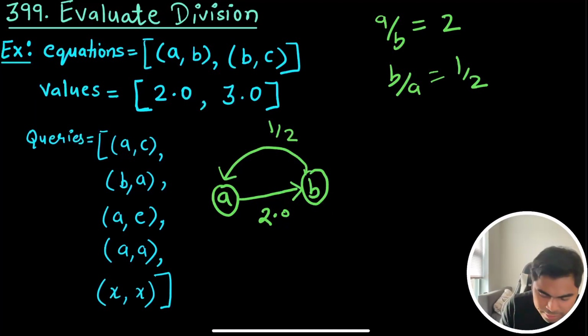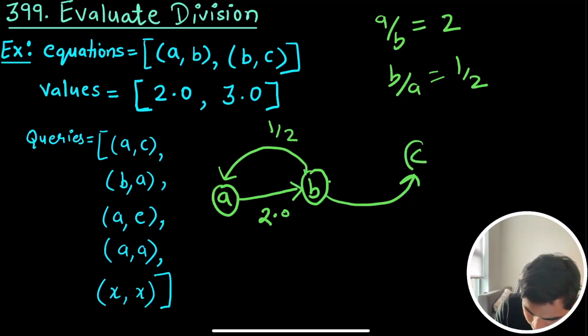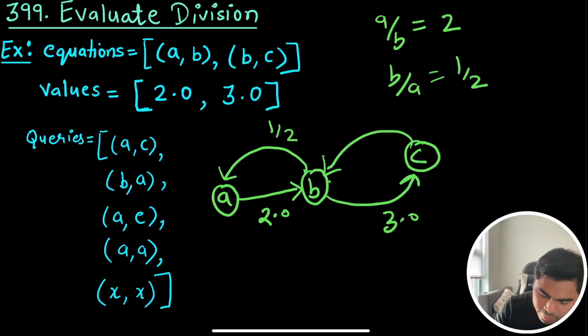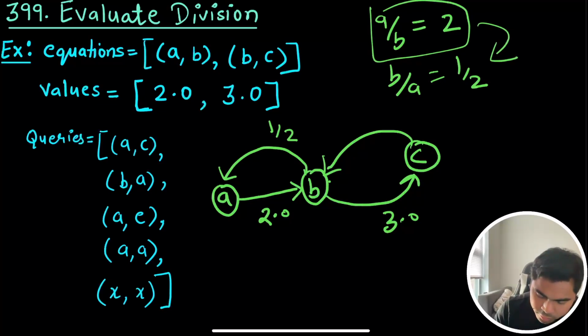How about the second equation, B to C? There is a path from B to C. So from B to C there is an edge. C is going to be a different node. B we have already created as part of the first equation. So the weight here is 3, and the weight from C to B, just like we calculated for this one, we're going to do the same thing.